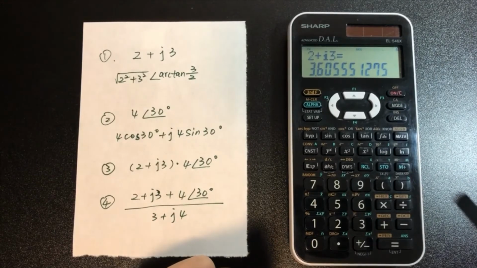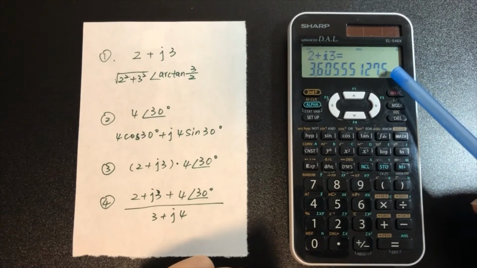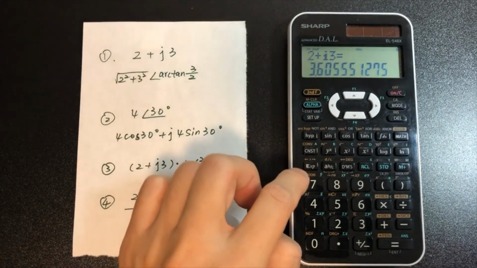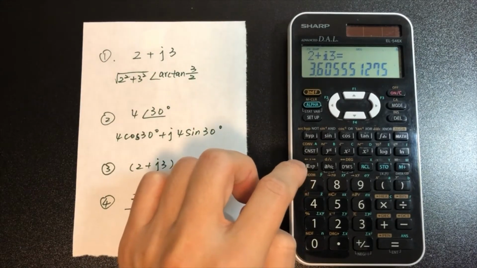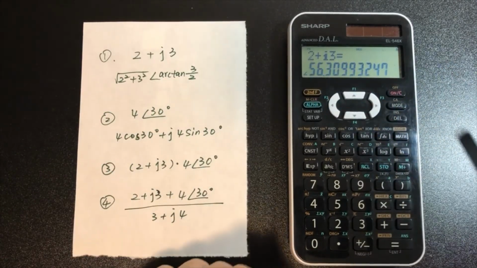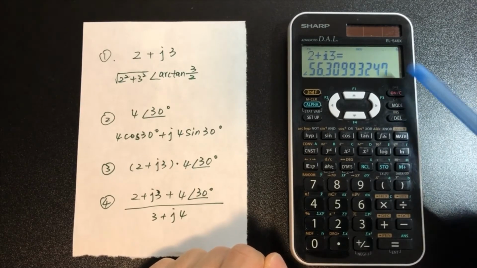So now the number is in polar form, and the calculator is showing the magnitude. If you want to see the phase, you click on this second function, and then click on this EXP. Now it shows the phase, right? You see the little angle there. The phase is 56.3 degrees, right? The unit is degrees.